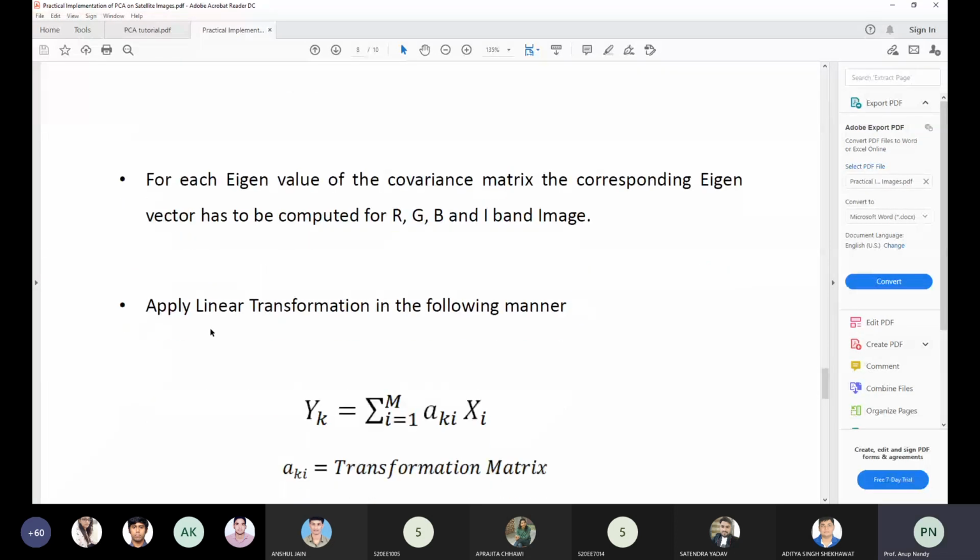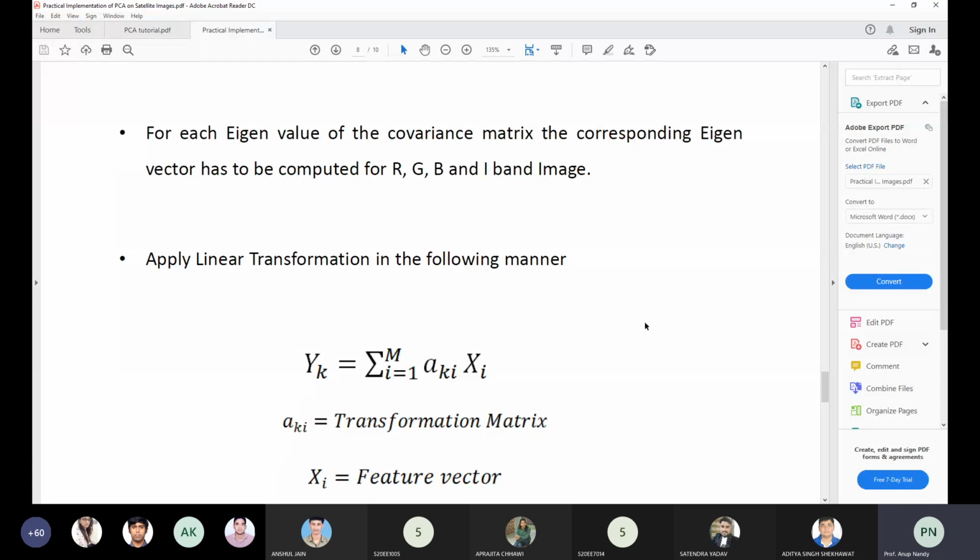You have to do the linear transformation the same way that we have done it. Here the notation is different, but don't be confused by the notation.